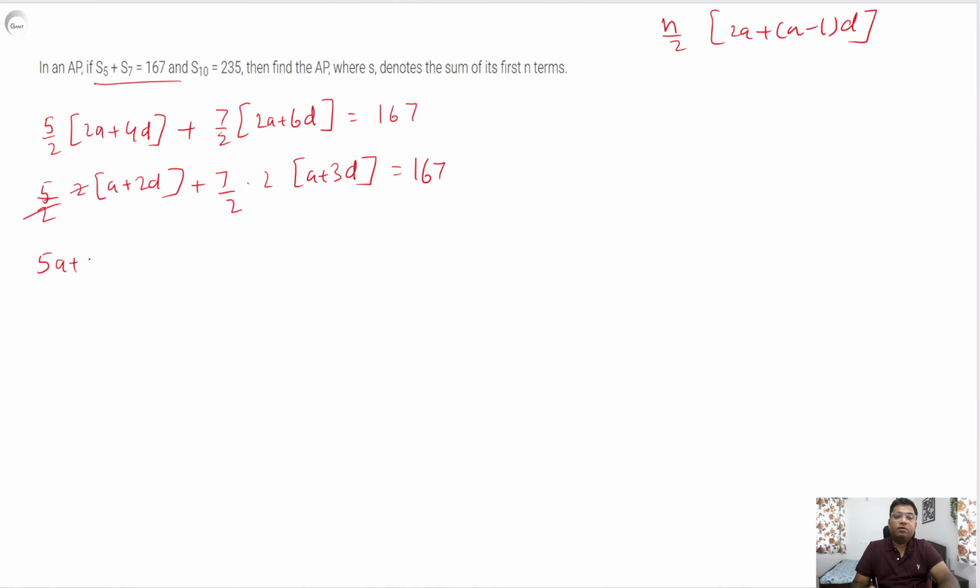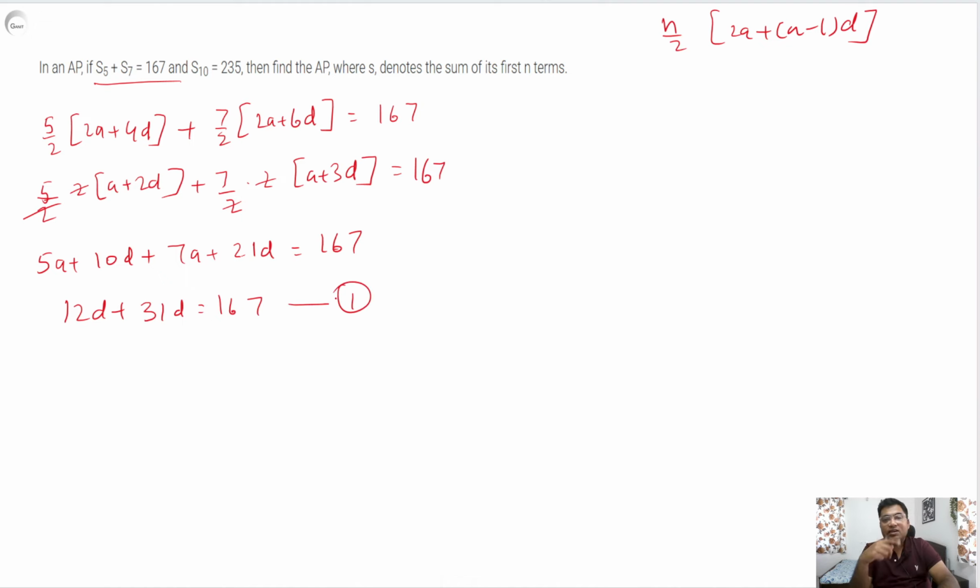I have 5A plus 10D, and then 2 cancels out. I have 7A plus 21D, and that equals 167. I have 12A plus 31D equals 167, equation number 1.